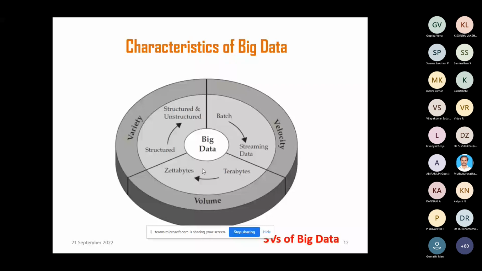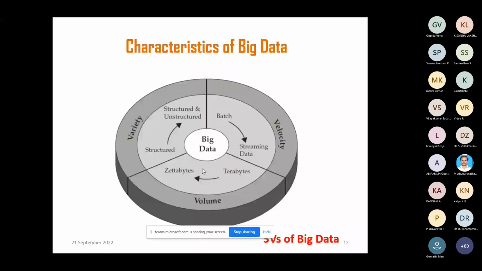Another one is concerned with variety. The data available nowadays is almost unstructured; almost 80 to 90% of the data prevailing across the universe is completely unstructured. So it is not only structured data that you could handle, but, as mentioned, about 80 to 90% of the data we have is in unstructured form.